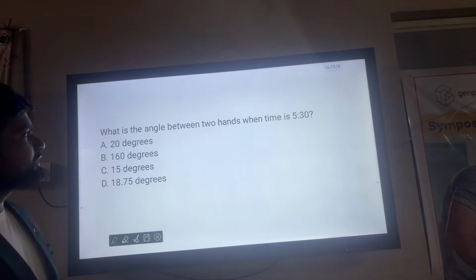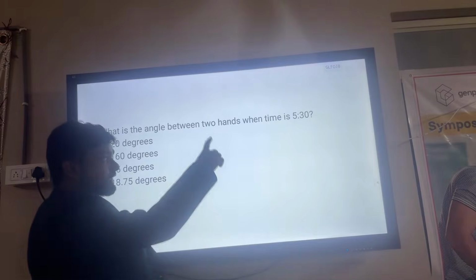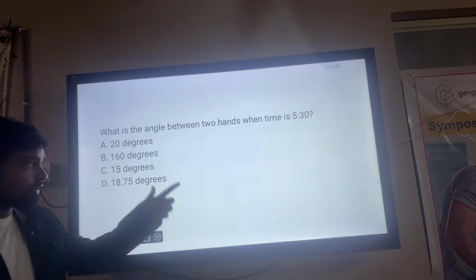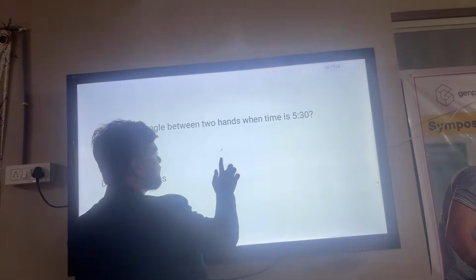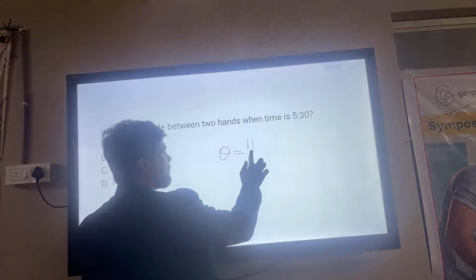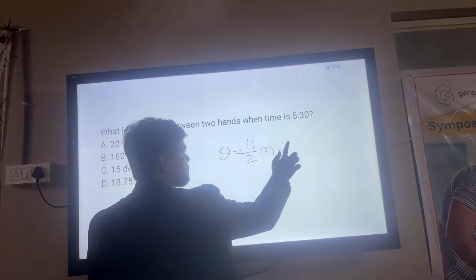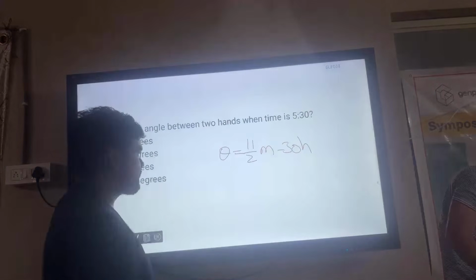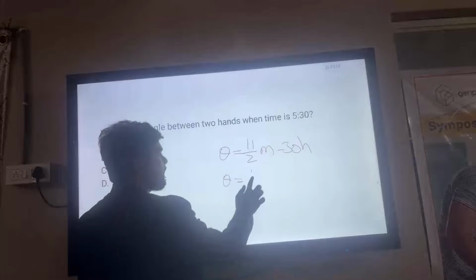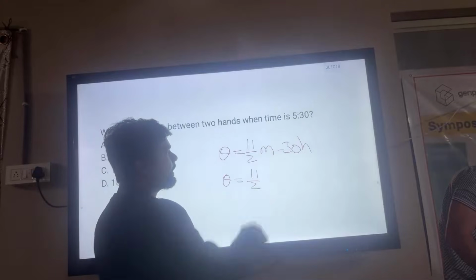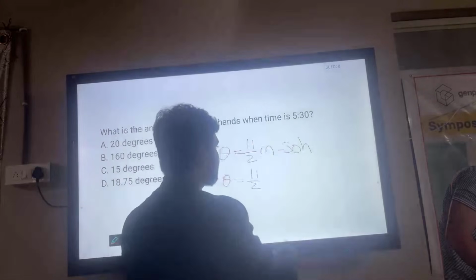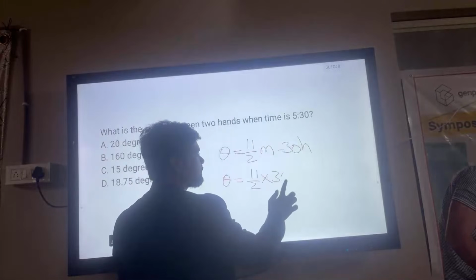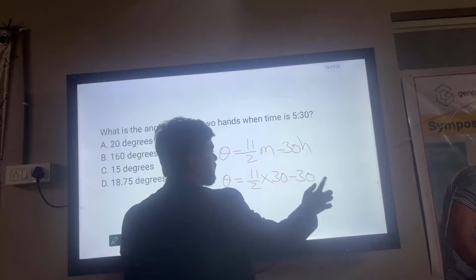Now, what is the angle between the two hands when the time is 5:30? It is related to the clock. The angle theta is equal to 11 by 2 M minus 30 H. You have to identify the value of theta. M is 30 minutes, so 11 by 2 into 30, minus 30 into hours.